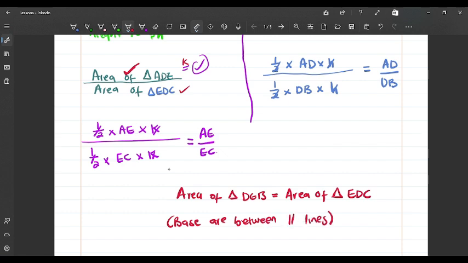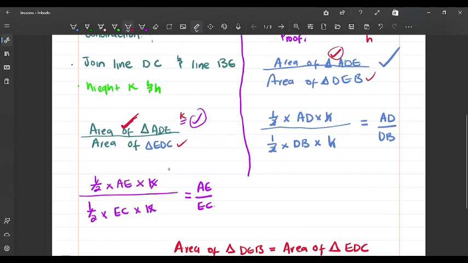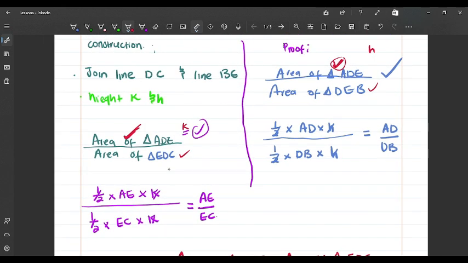Because their bases are between parallel lines, the two areas for the triangles are going to be equal to one another. So now remember, initially I said the triangle ADE equals this, which is also the same thing, the triangle ADE. Now, the area of triangle EDC is exactly the same as the area of triangle DEB.